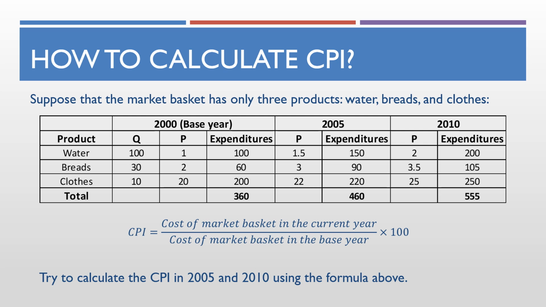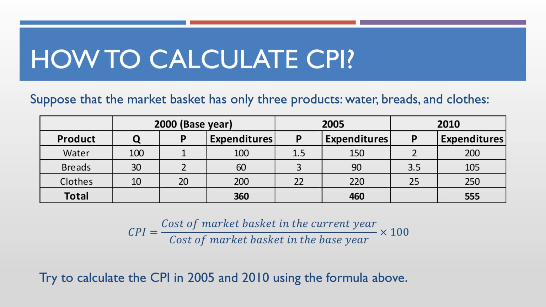Now, if we are going to measure the CPI in 2005, the only thing we need to change in that calculation is the numerator in the division. Instead of the base year 2000, we use the current year, $460, divided by exactly the same denominator, the cost of the basket in the base year, 360, and then multiply by 100.